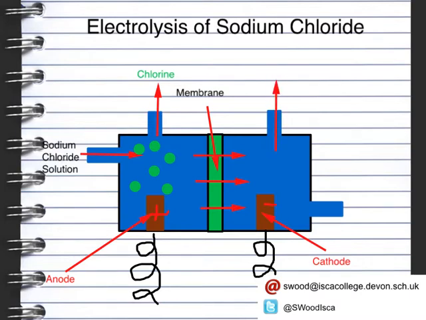Again, this is a gas, but this time it is hydrogen gas that comes out. We also have a third product, which is able to come out the bottom. Let's make that arrow red, the same as the others. So we have something coming out of the bottom here, which is sodium hydroxide.